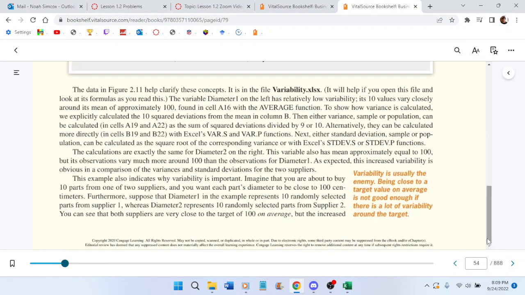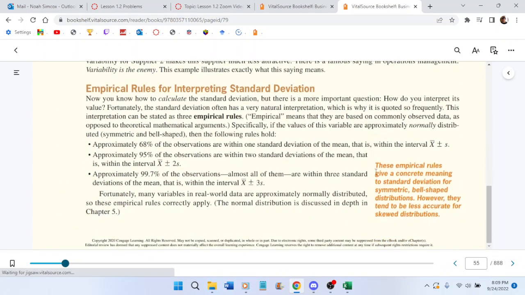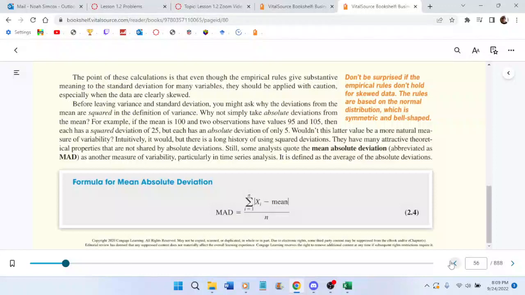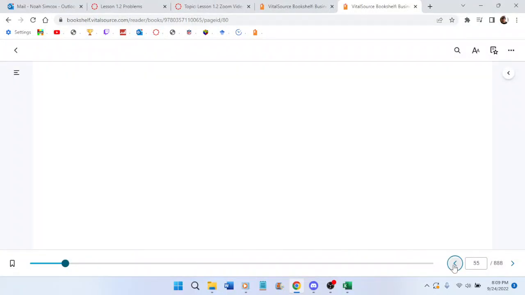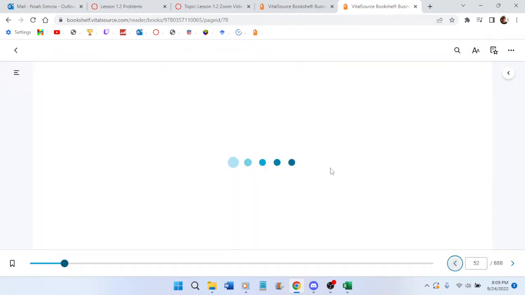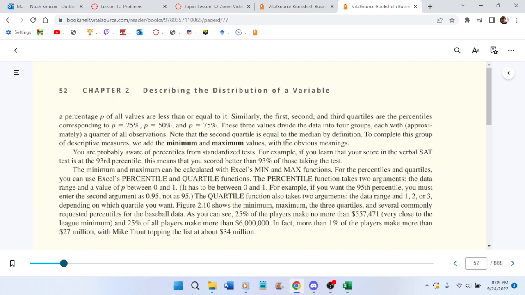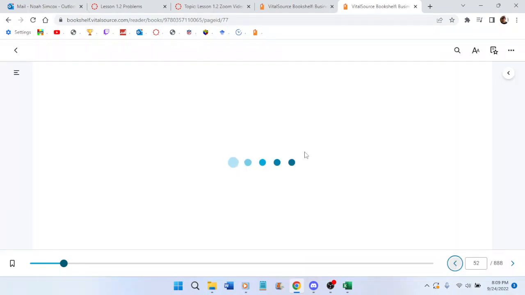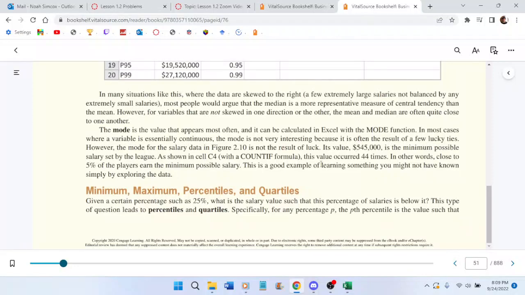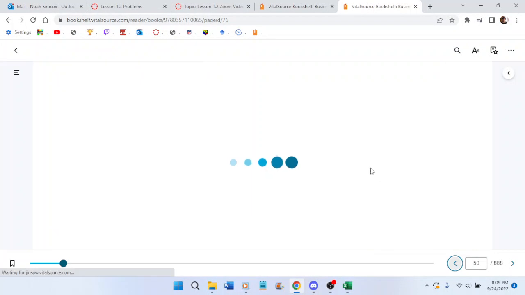Great job. Where's the freaking thing? Did I skip past it already? Come on. COUNTIF. I'm basically done here. I'm just trying to find the skewed thingamajig.